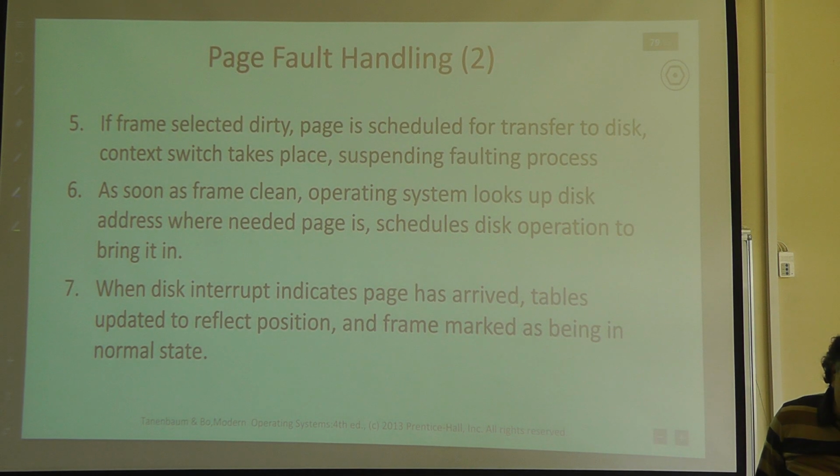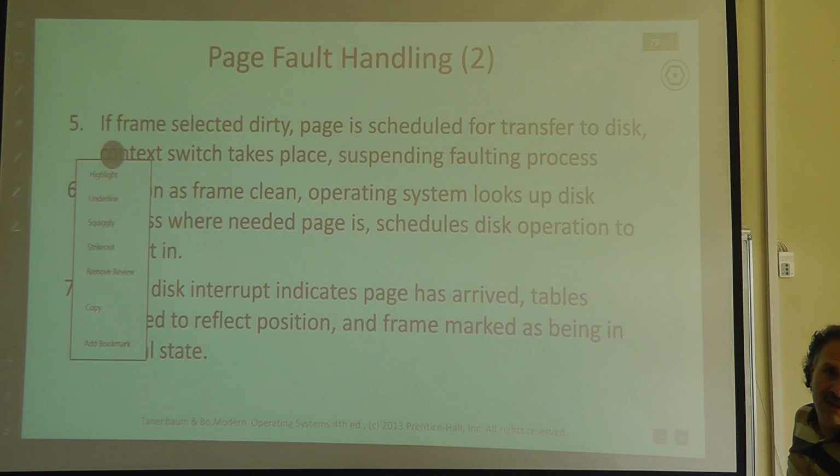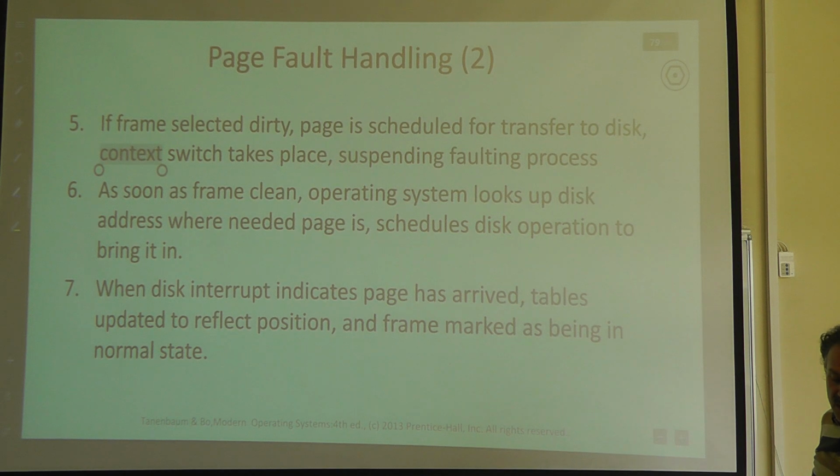If the frame is dirty, then that frame needs to be written to the disk. That takes some time. This is expensive. It causes a context switch first. Context switch is expensive, and it causes the process to be blocked. When you find a clean frame, you need to load the frame from disk.